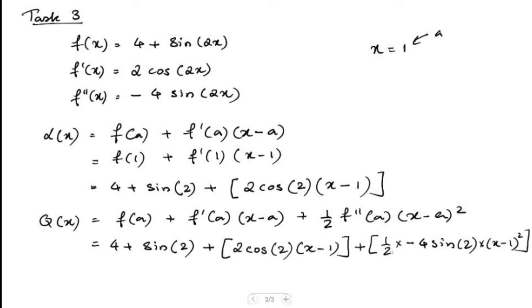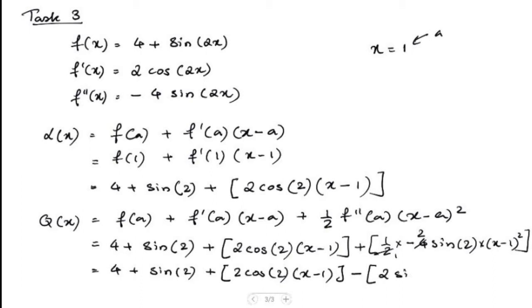Here we can cancel: 1/2 times 4 is 2. Rewriting the whole thing, we get 4 plus sine 2, plus, keeping the bracket as it is, 2 cosine 2 times (x minus 1), and here the minus sign multiplies with the plus sign, making it subtraction, and then in brackets 2 sine 2 times (x minus 1) squared.